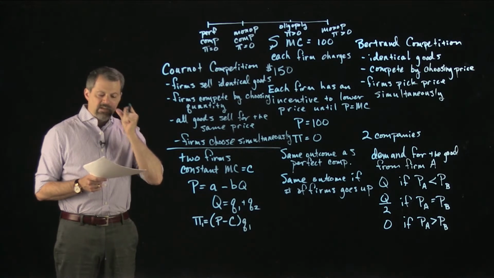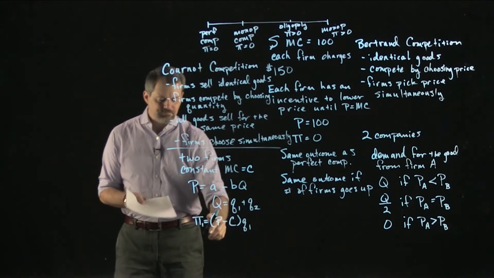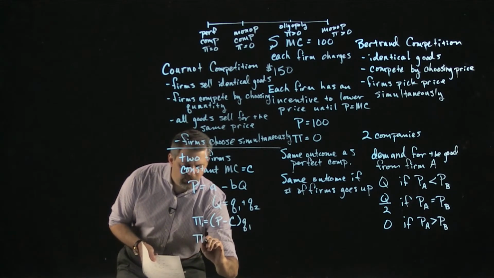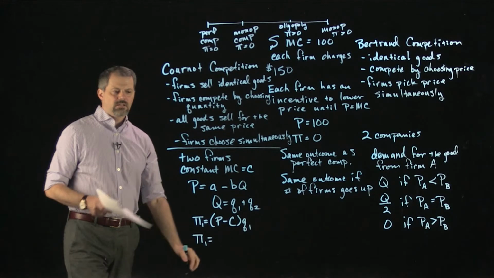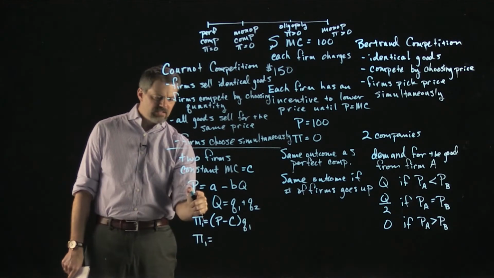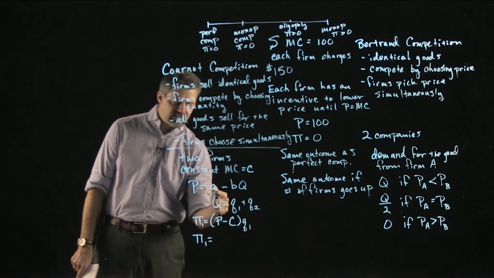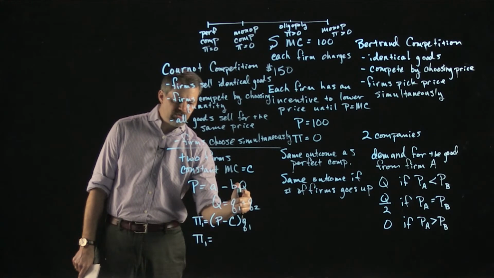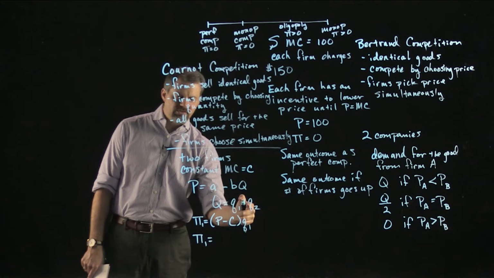Okay. So now, let's plug in a couple of things here. This means that profit for firm 1, I can plug in right here what price is. This price is equal to A minus B times Q, and this quantity is equal to Q1 plus Q2.